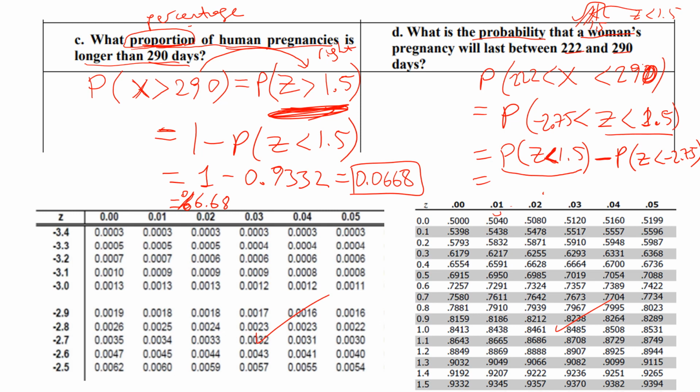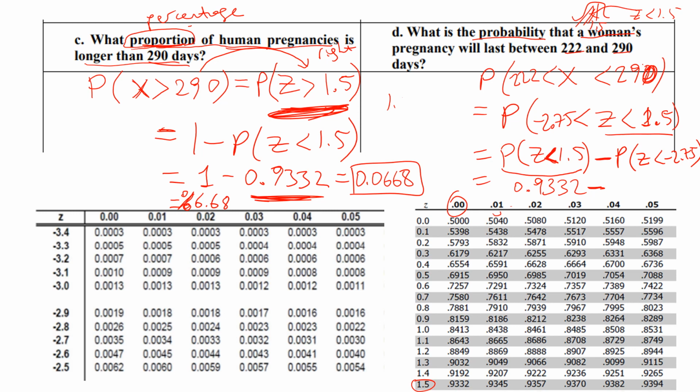So 1.5 we already found here, 0.9332, minus.